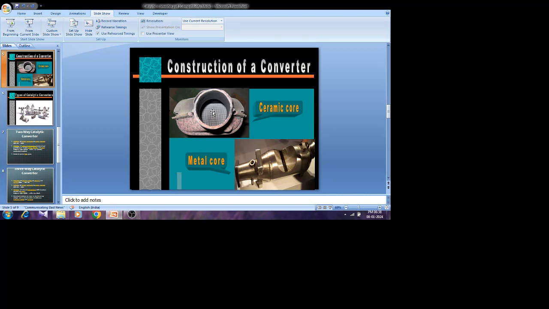And it also gives the converter core a larger surface area, therefore more places for active precious metal sites. And as you can see, the catalyst is added to the washcoat in a suspension before being applied to the core.